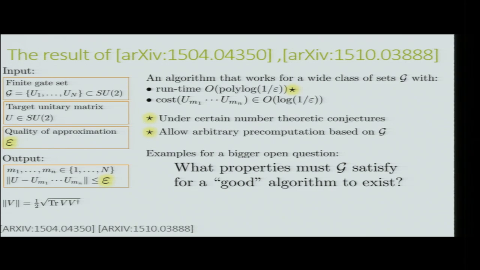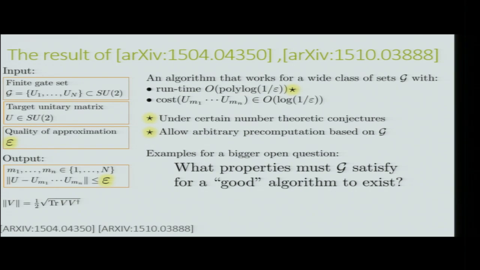We can also ask a more general question that is pretty hard: what is actually so special about G, such that these algorithms exist? Our work gives some indication of what the mathematics related to this is.